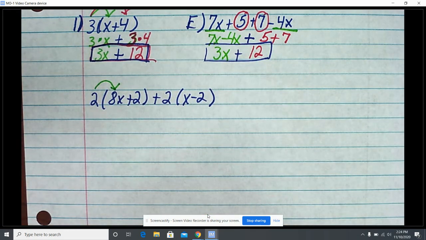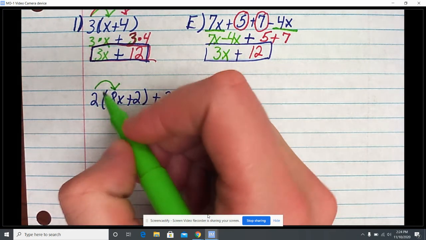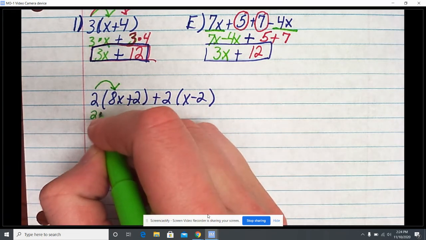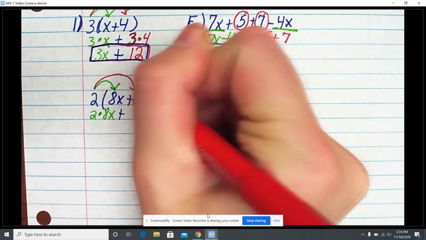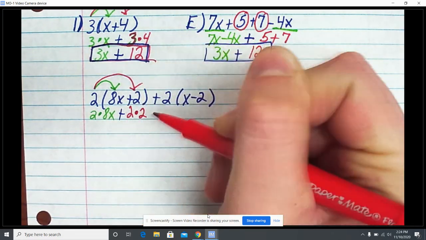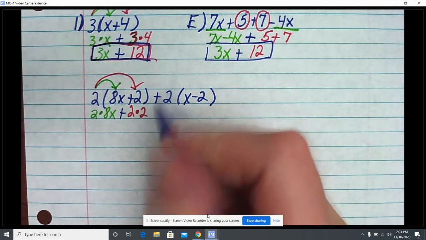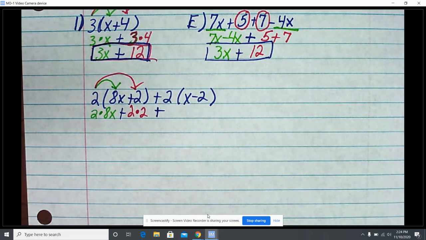So I'm taking my 2 times 8x plus, and distribute out my 2 with my 2 right here, so 2 times 2. Alright, plus, okay, I need some different colors, give me a second.